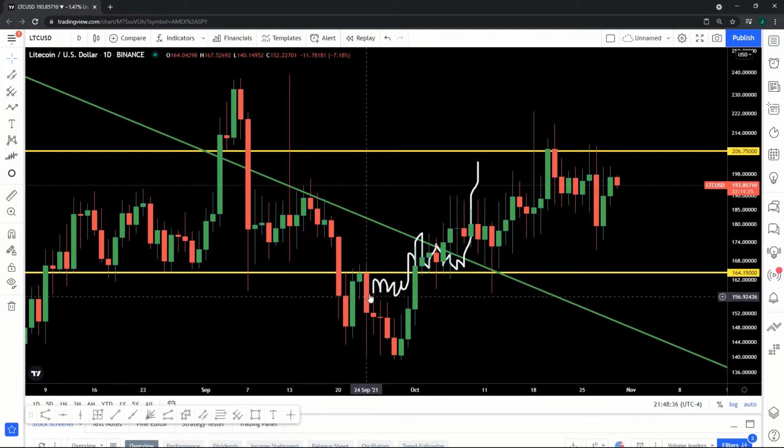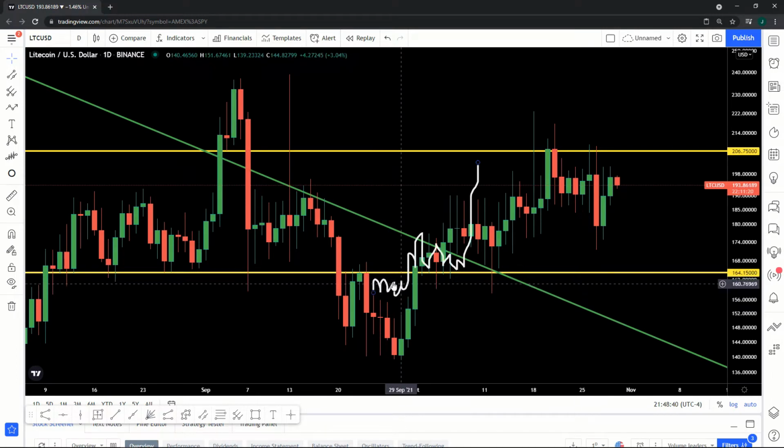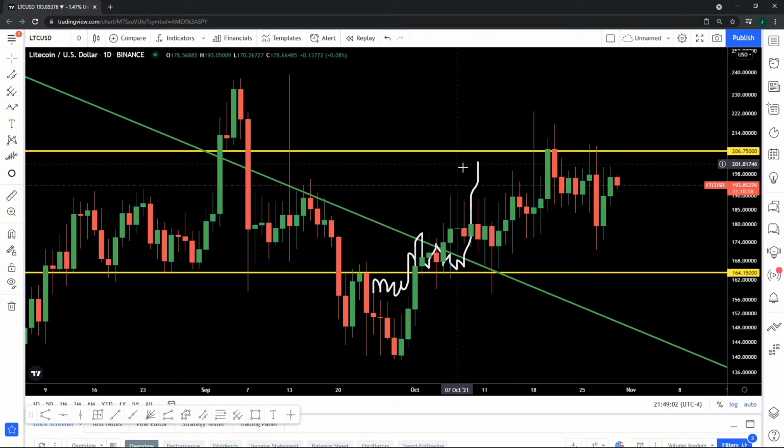I had stated that price was going to make attempts to get above the 164.15 support resistance level, and that as price was heading towards this wedge, this green trend line, crossing over this horizontal support resistance level, I was anticipating that price was going to get squeezed and ultimately break towards the upside and test 206.75, which it did on October 18th and a few more times after that.